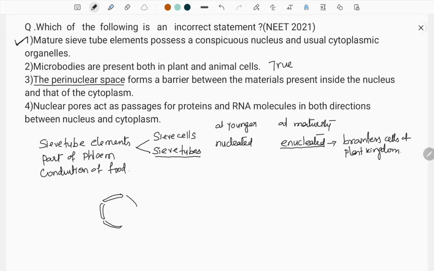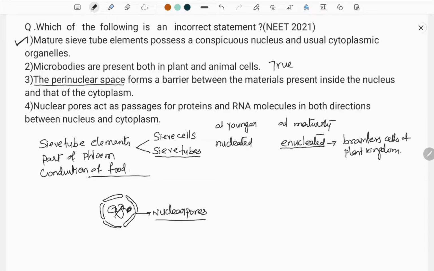Through the nuclear pores, the nucleoplasm makes contact with the outer cytoplasm. Nuclear pores are guided and regulated by annulus and different kinds of proteins. Inside this we find chromatin reticulum and nucleolus.